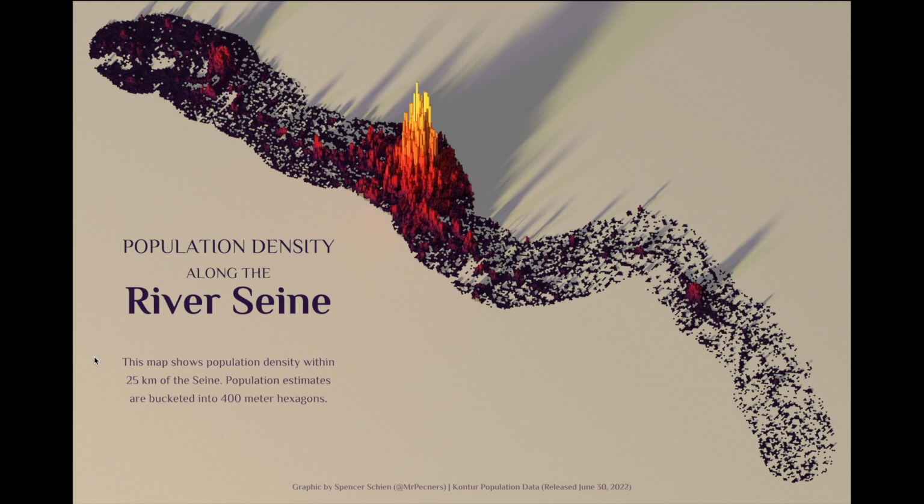And so let me start by saying this image here on my screen is population density along the Seine River in France. This was one of my last videos that I created and I shared on my YouTube channel. And this data represents population density data.